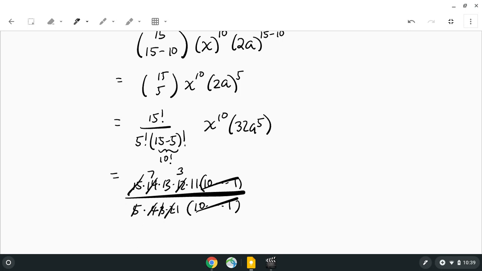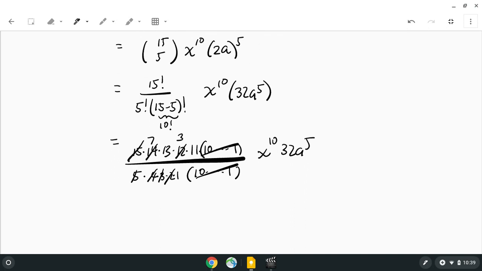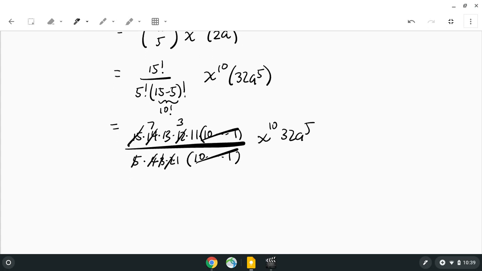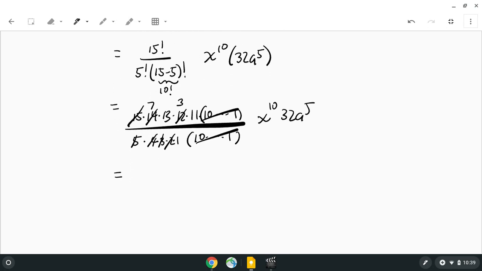And so when I work all of this out, let's get that. So I multiply all of the numbers out, including this 32. So it's 7 times 13 times 3 times 11 times 32. And you should end up getting this.